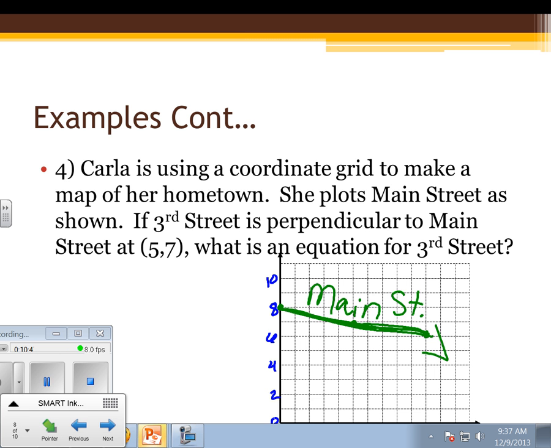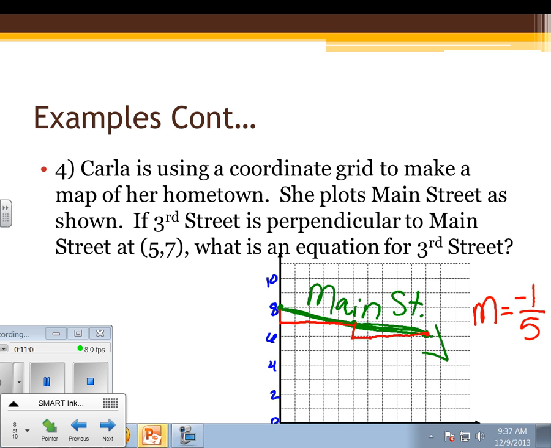I'm trying to make the slope pretty obvious here. It's negative 1, then 1, 2, 3, 4, 5. So the slope here is negative 1/5.